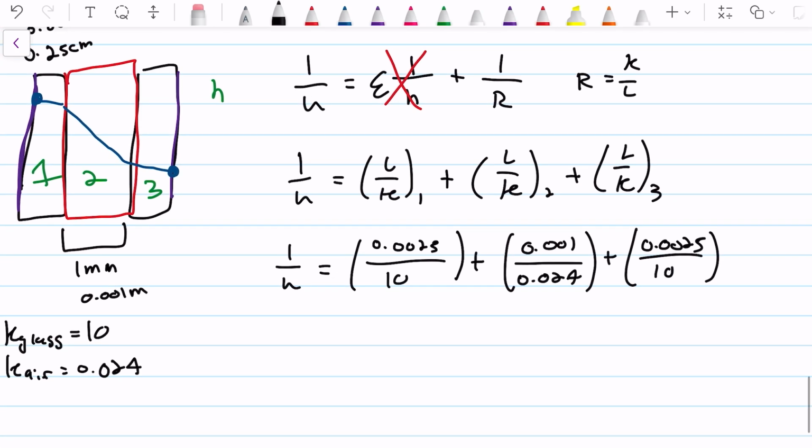Okay, let's calculate this 1 over heat transfer coefficient.